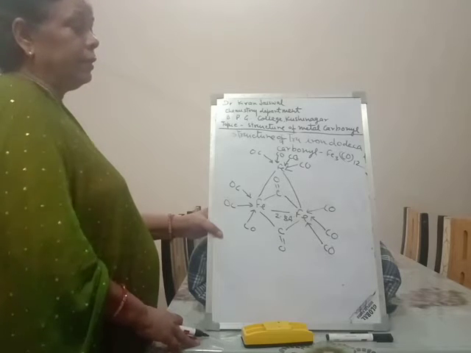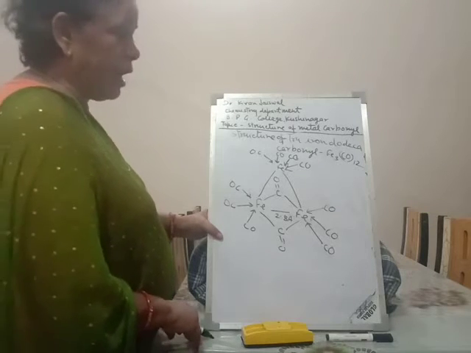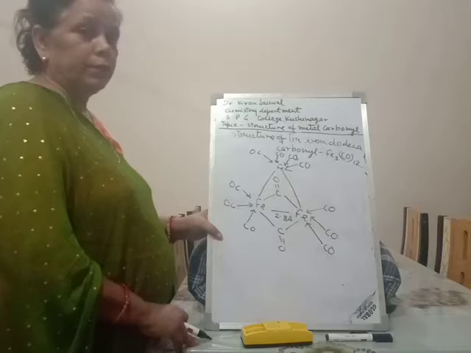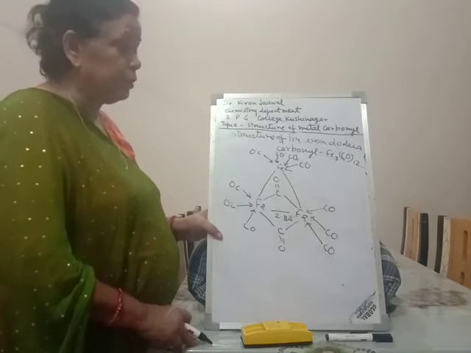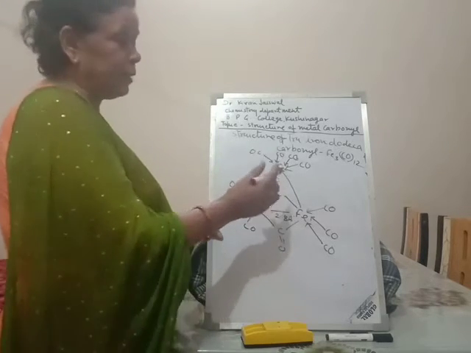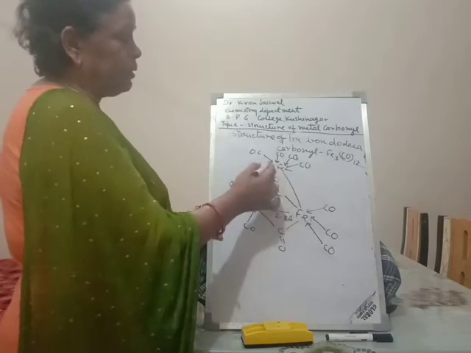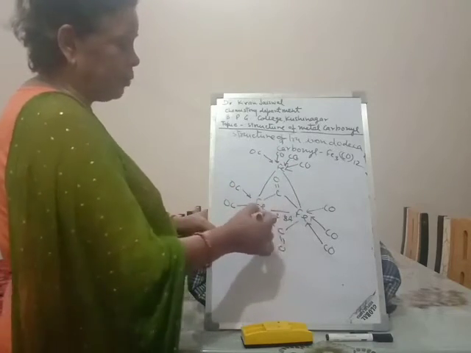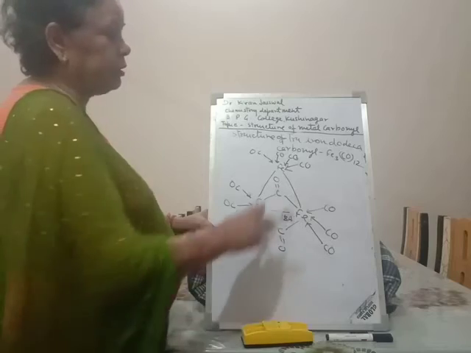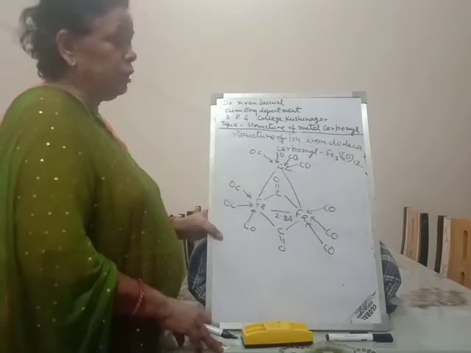So it is a cluster of iron in which, in the structure of Fe2(CO)9, one of the bridging CO groups is replaced by an Fe(CO)4 group, and the iron bond length is 2.8 angstrom. This is the structure of Fe3(CO)12.